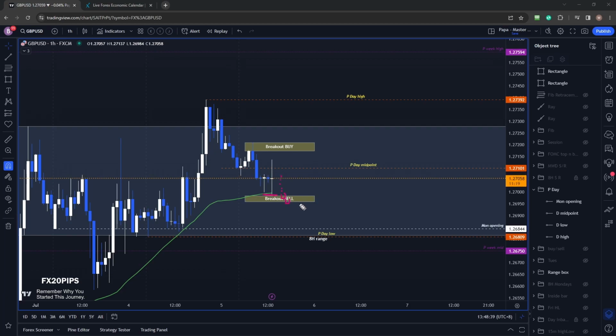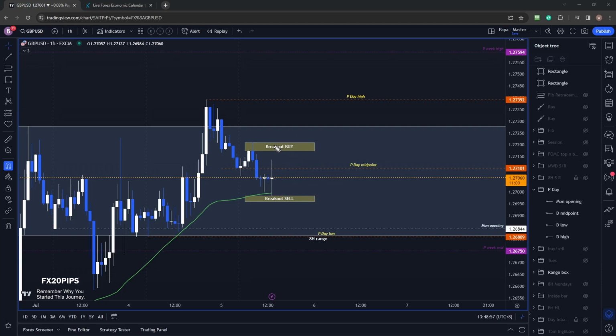Very high chance that it might just keep going down. So that removes my early entry here, because here I could get faked out again. It might come down and then go up again.